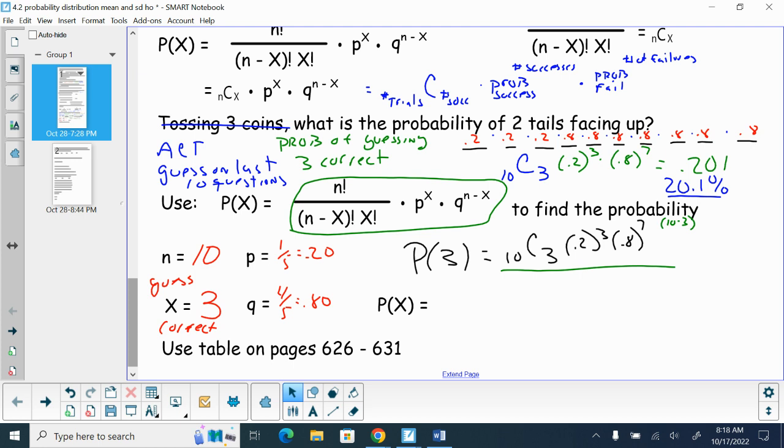X is your number of successes. Then along the top side of the table, you have all these p-values. That's your probability for success.